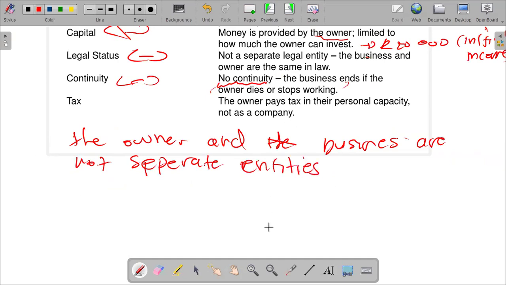So as it says here, in the eyes of the law, the business and the owner are seen as one. The business and the owner are the same in the eyes of the law. The owner and the business are not separated.